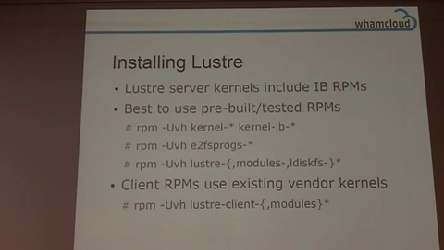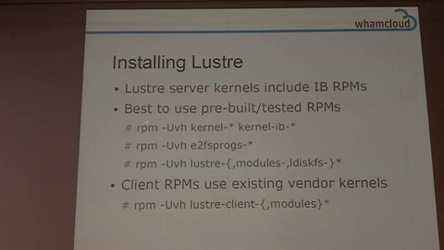You'd have to download OFED and all those things. With newer builds of Lustre and the newer vendor kernels, they ship InfiniBand built in, so you can use the included OFED stack, and all of the Lustre RPMs ship with the OFED modules built already.